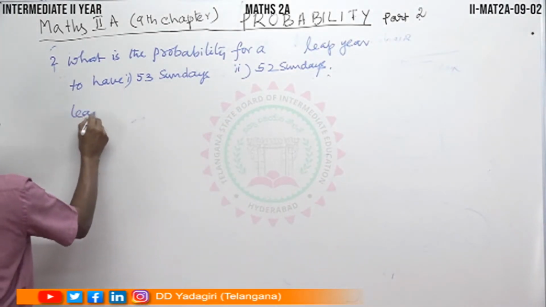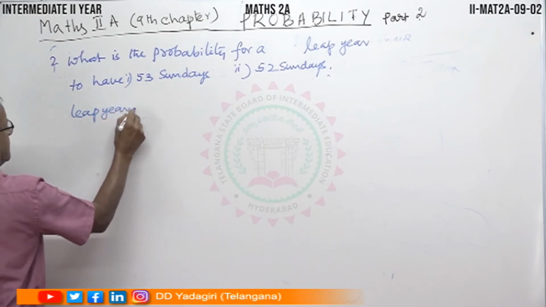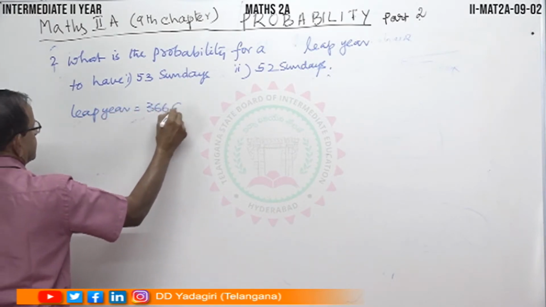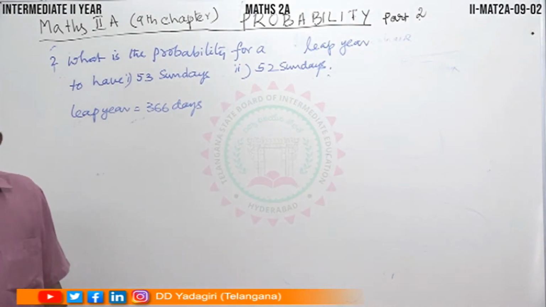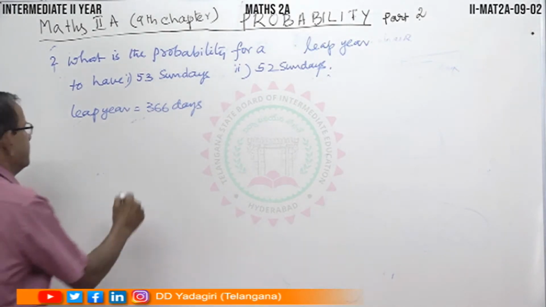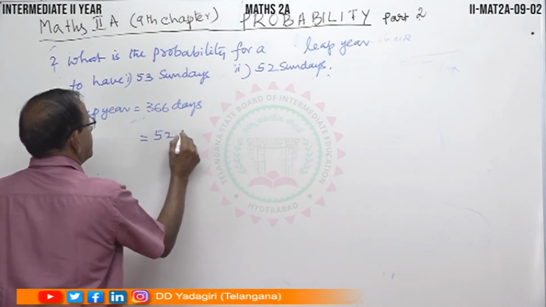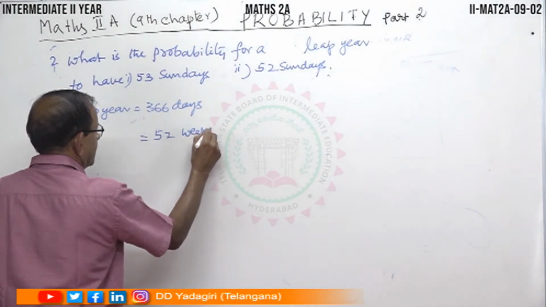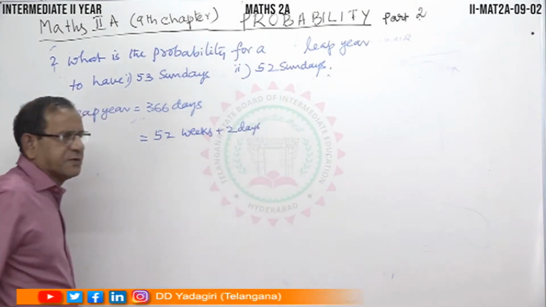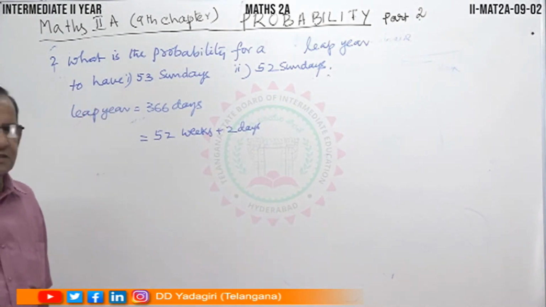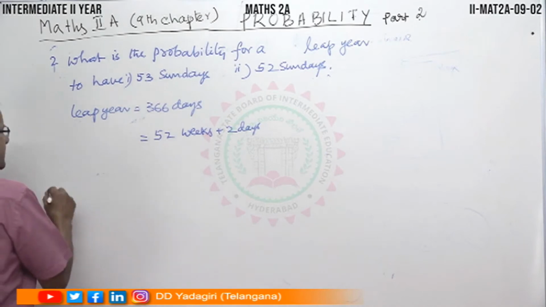Now, a leap year is equal to 366 days, which is equal to 52 completed weeks plus 2 days.